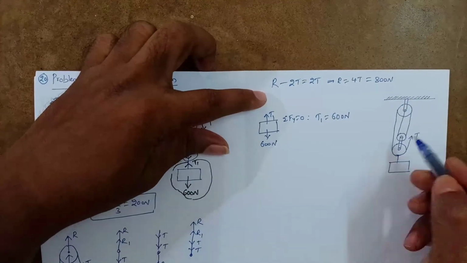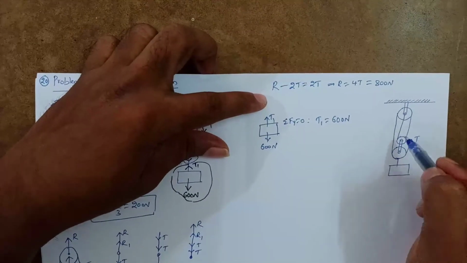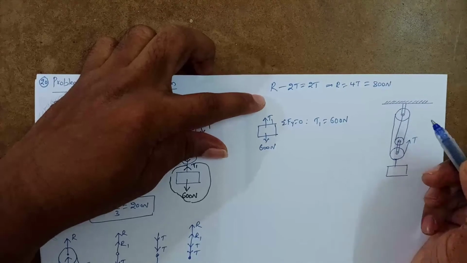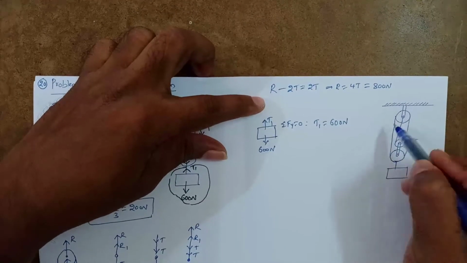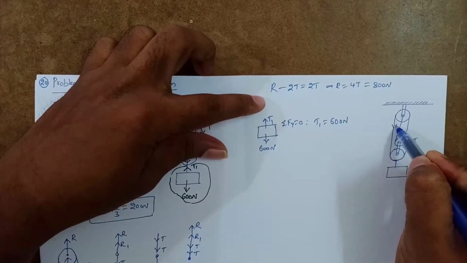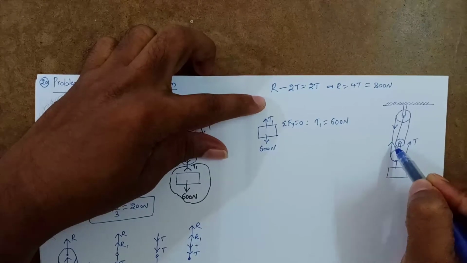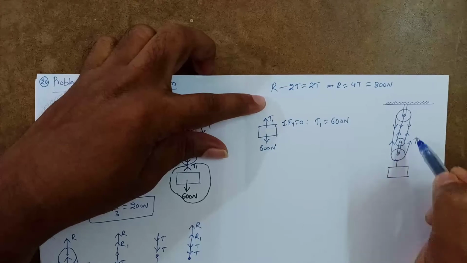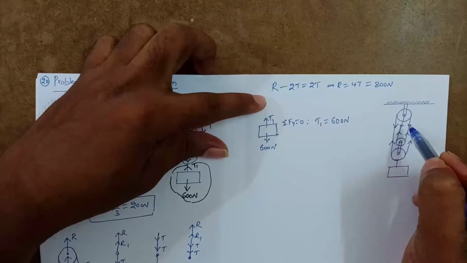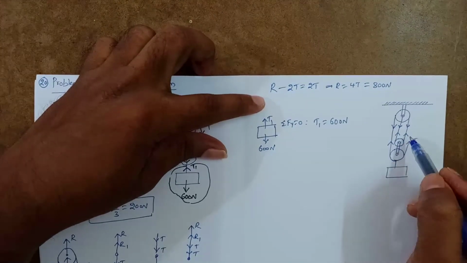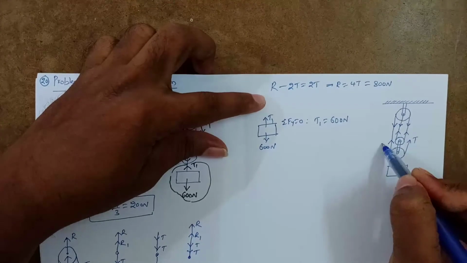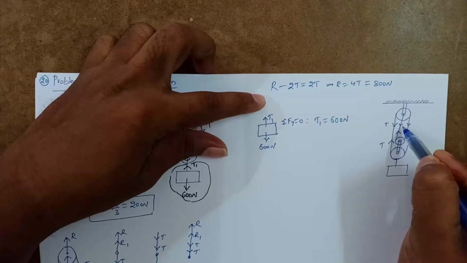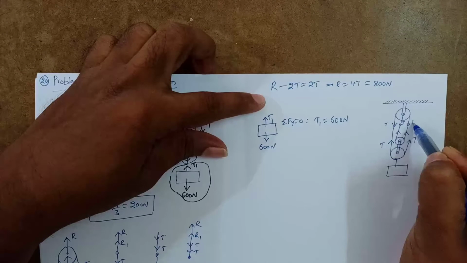Now see, when you have pulley problems like this, simply show arrows like this in all these portions. It's all a single cable, so the tension is T. So this is T, this is T, here also T.